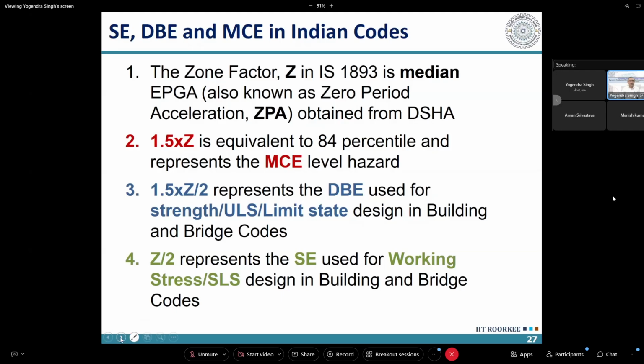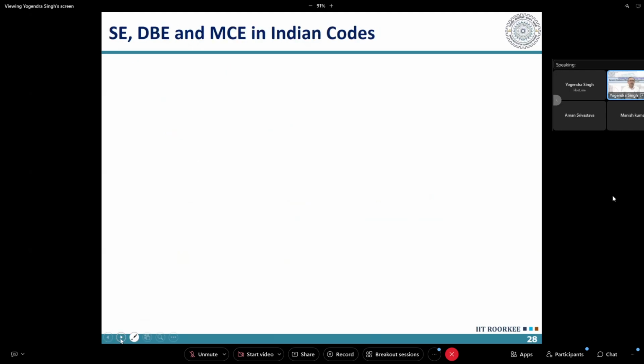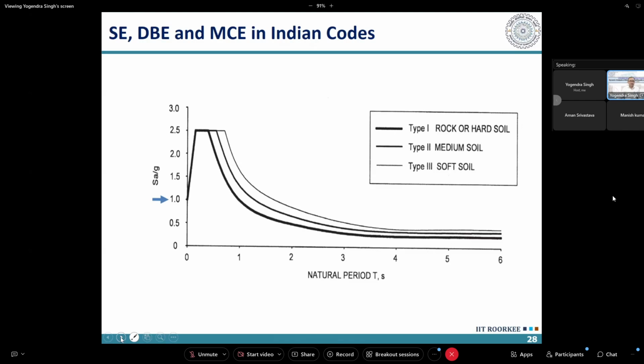Now this can be further validated if we consider the load factors in different modes. To represent graphically what we have seen in the previous slide, this is the shape given in our current code.